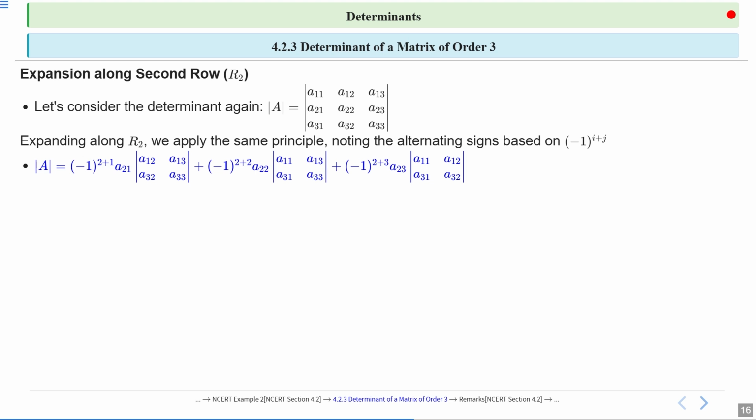We are left with A11, A12, A31 and A32, and that is your 2 cross 2 matrix.